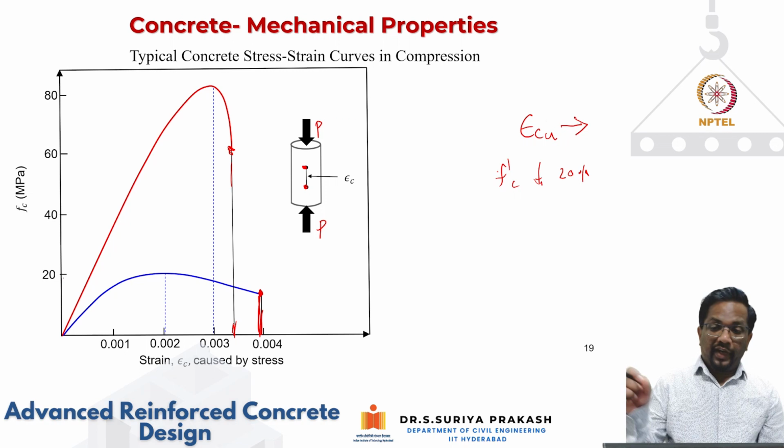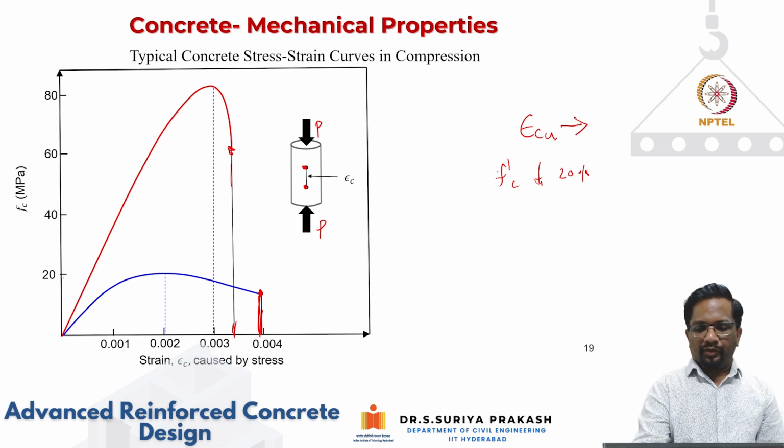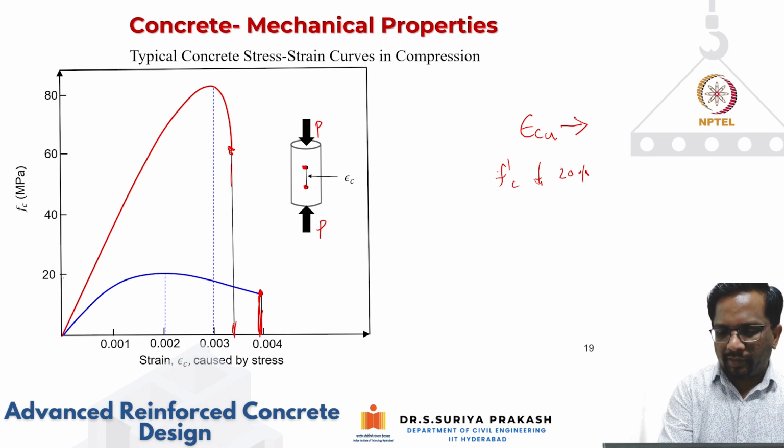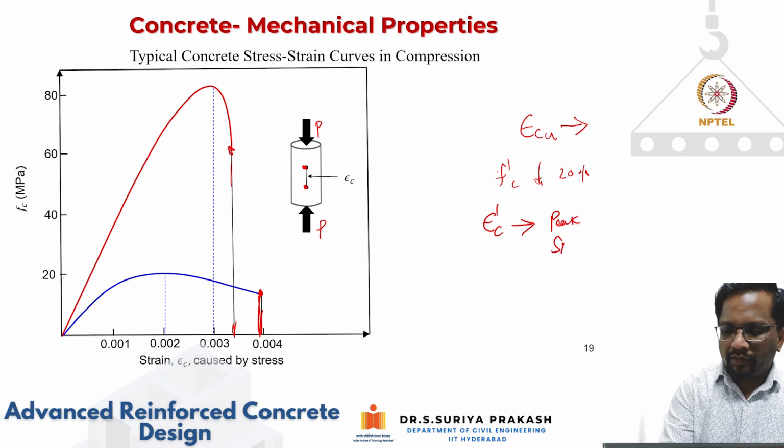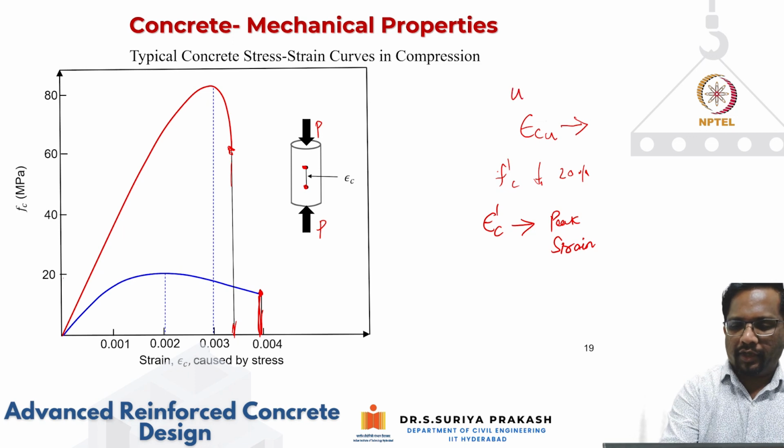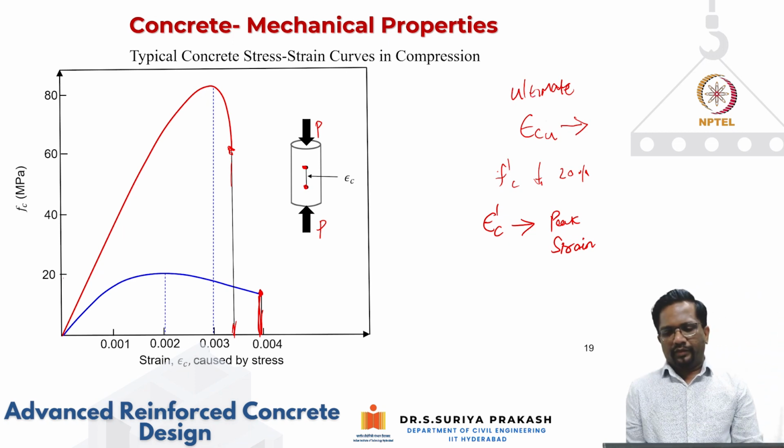However, the failure strain, which we call epsilon Cu, and peak strain, which we write as epsilon prime C. This is your ultimate or failure strain.